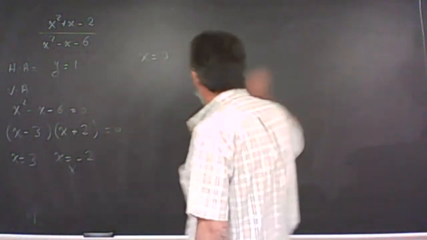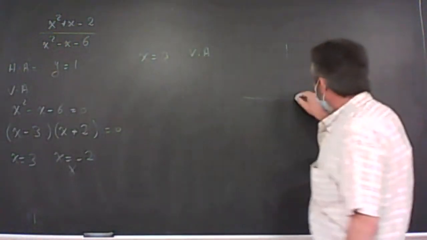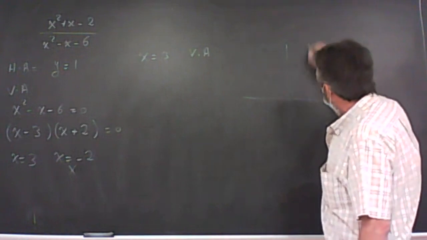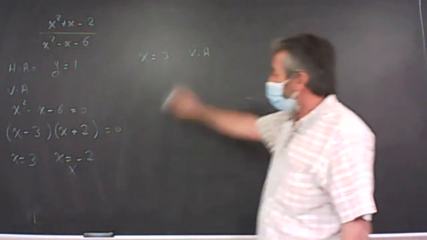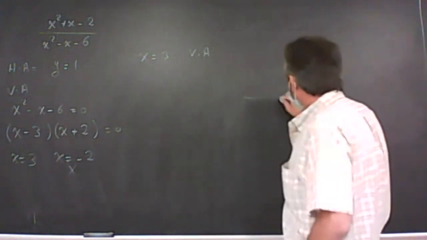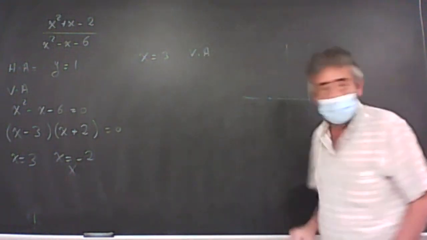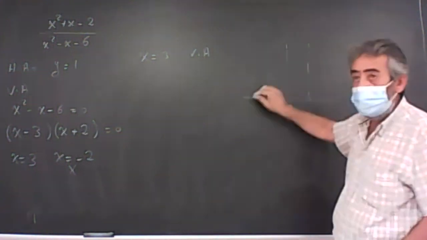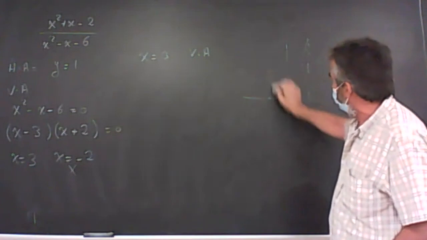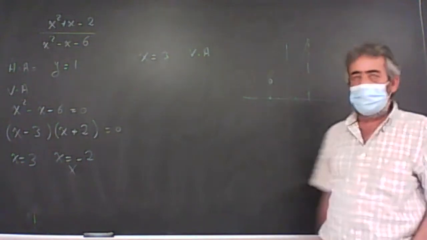So that means this graph looks something like that. At x equals 3, the graph doesn't hit that line. But at negative 2, wherever this line meets the graph, you're going to have it like that.